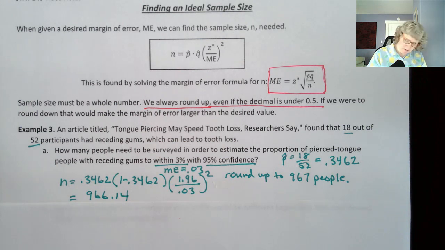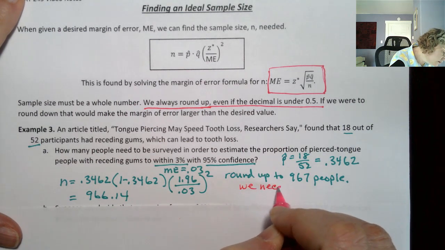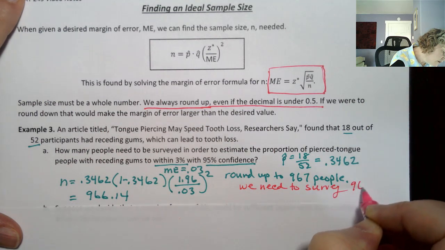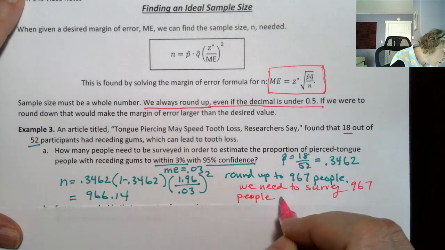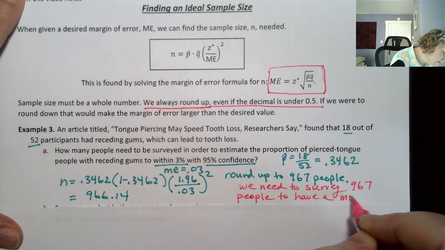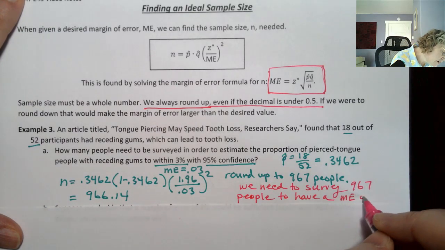So then I could answer this. We need to survey 967 people to have, I'm going to abbreviate because I didn't leave myself quite enough space, an ME, or a margin of error, of plus or minus 3%.